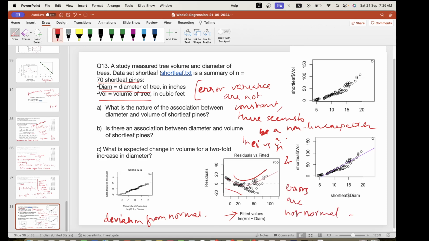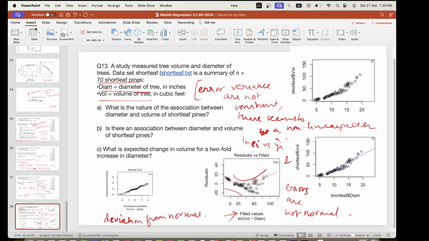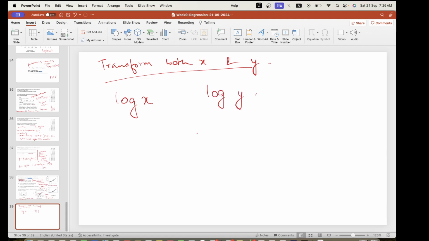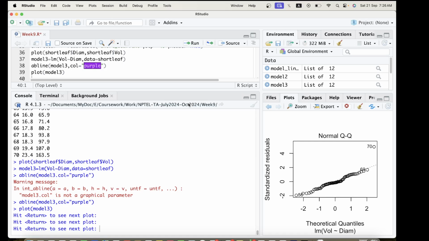Then what is the way out? Then what usually is done is that we transform both x and y. Okay, so let us do a log x and log y and then find out what is happening.